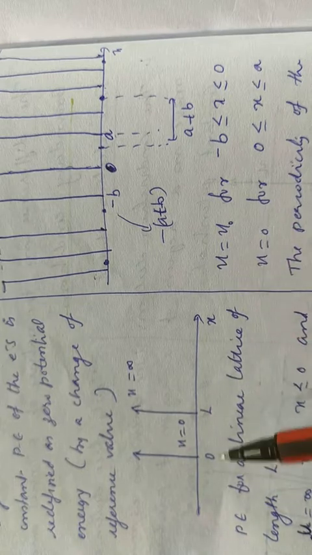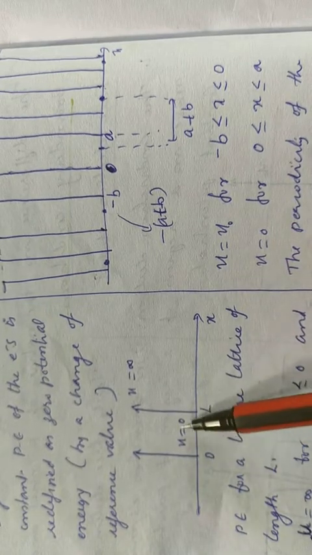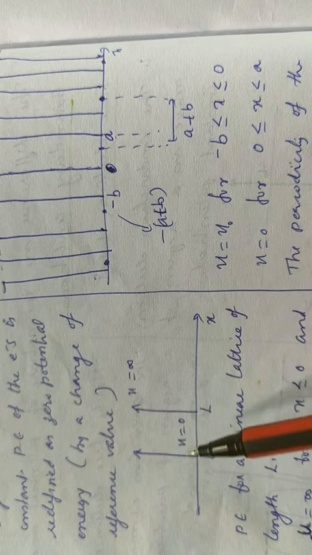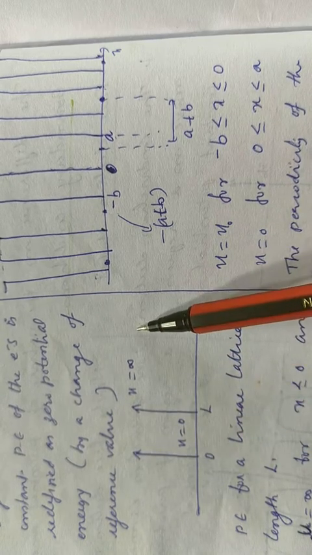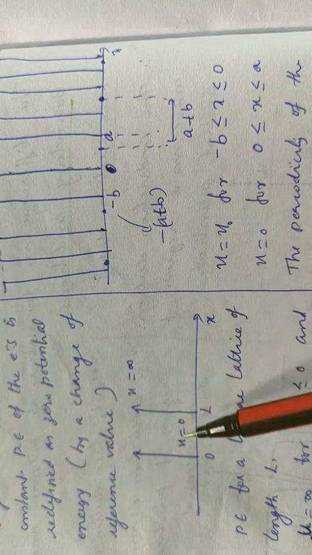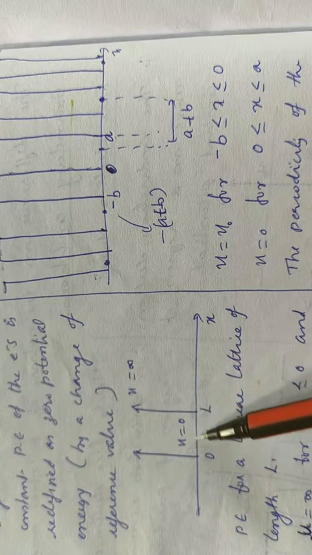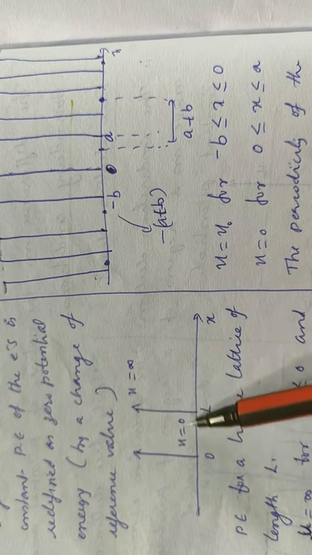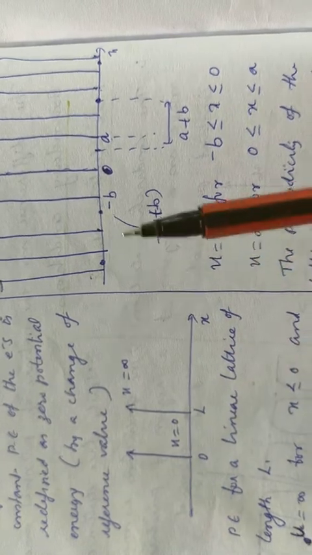So this is the boundary 0 and L, and inside this the potential is 0 and outside it is infinity. So the constant potential we are treating as a zero potential by changing the reference value.